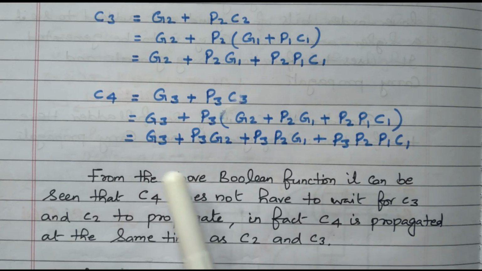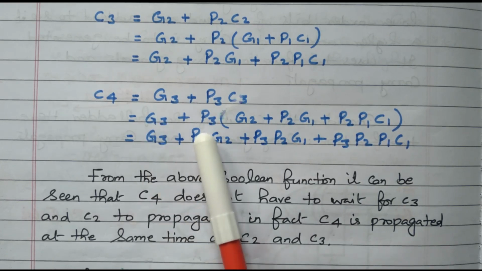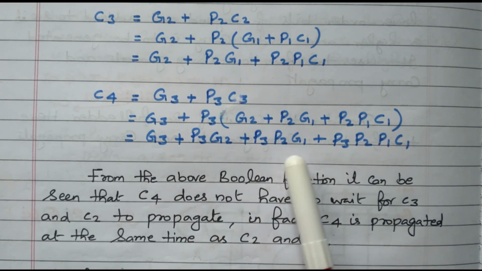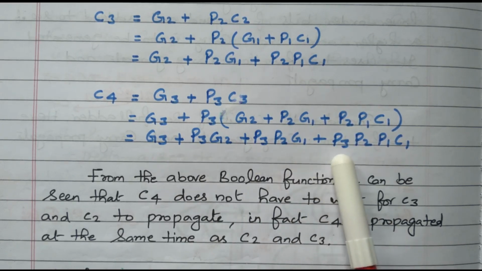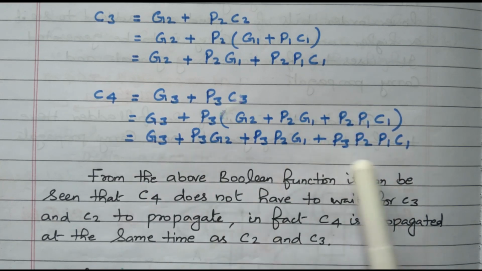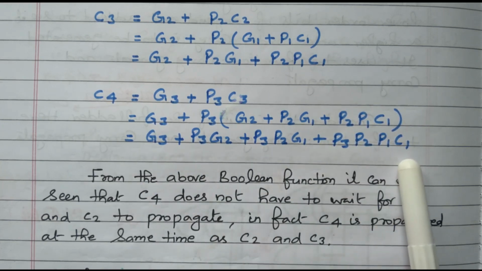Now, multiply inside. So, G3 is written as it is, plus P3 into G2, plus P3 P2 G1, plus P3 P2 P1 into C1. See this expression, it contains only C1. C4 will be generated once C1 is generated. No need to wait for the C2, right.